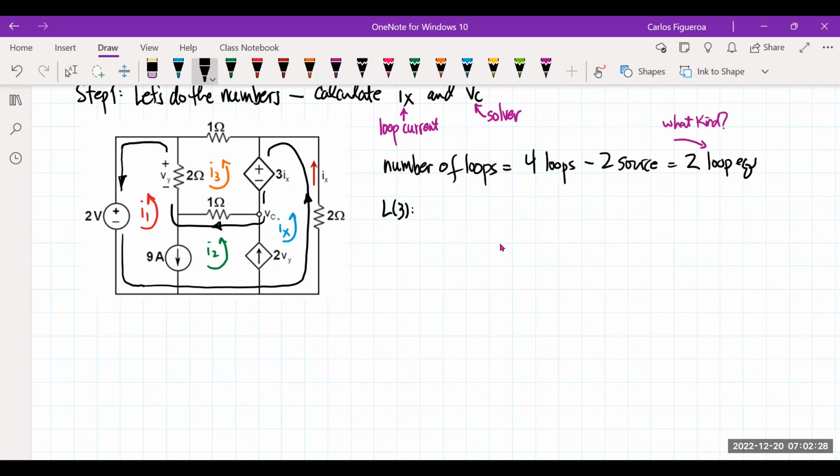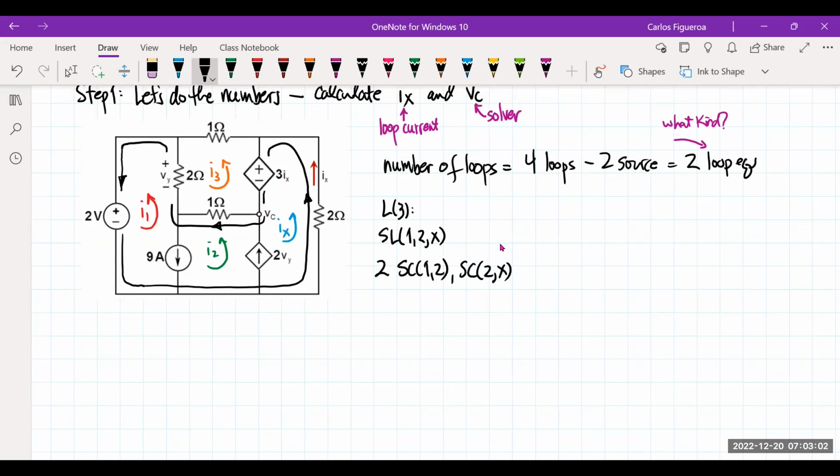So I have loop 3, and I have a super loop that connects 1, 2, and X. Then I have 2 super conditions, right? I have a super condition between 1 and 2, and I have a super condition between 2 and X.